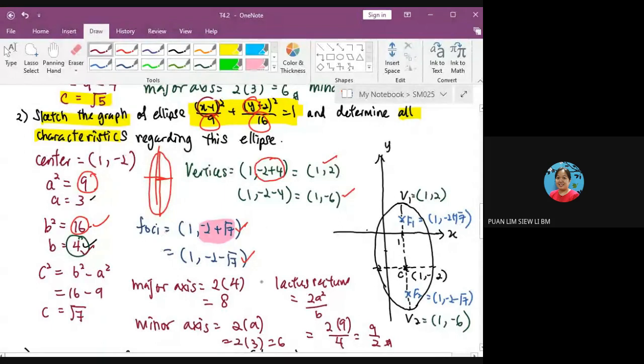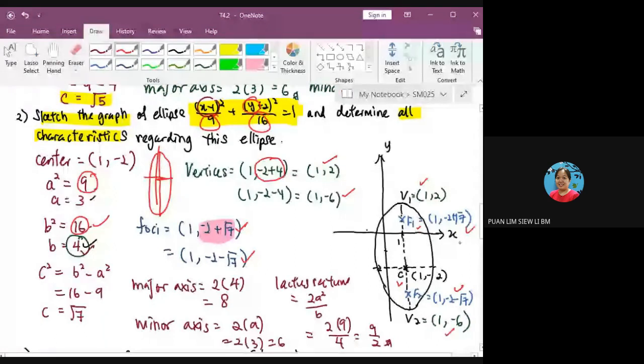Vertices, focal ni dah siap kira. Okay, double check. Double check diagram. Center label tak? Center label. Focal label tak? Focal label. Vertices label tak? Semua point kena label.